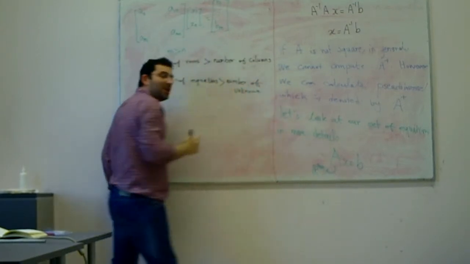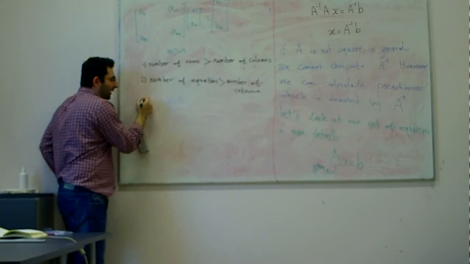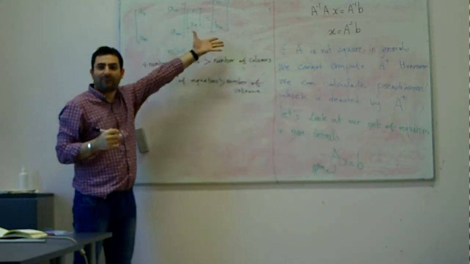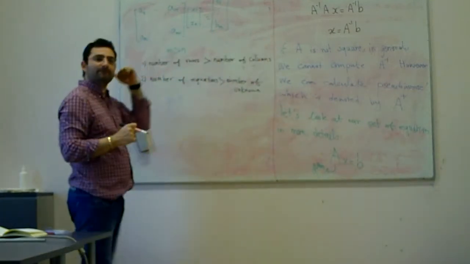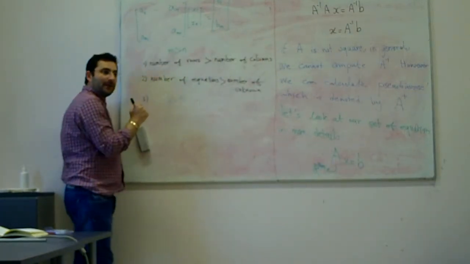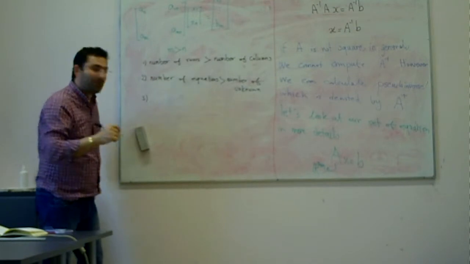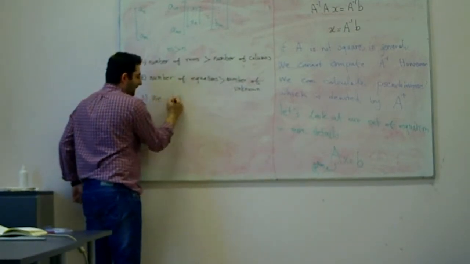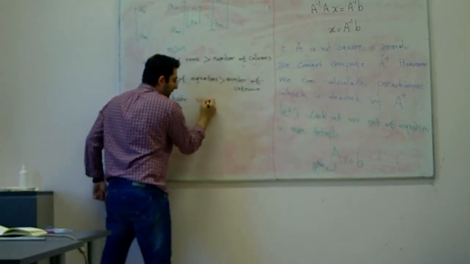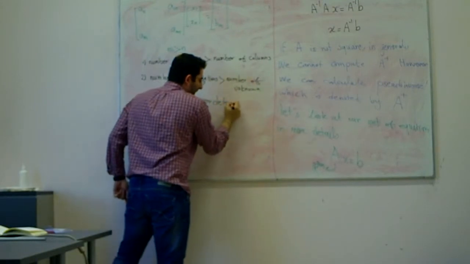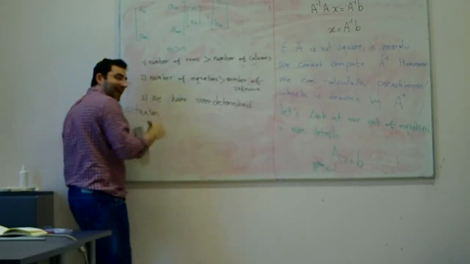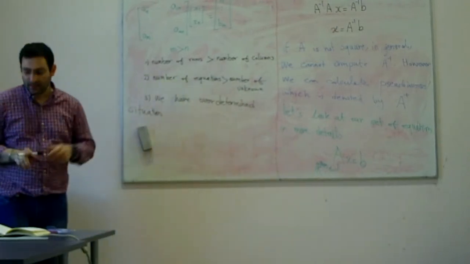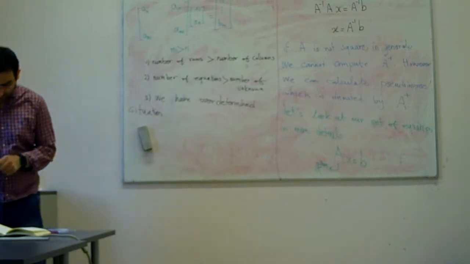If this is the situation, we call this type of equation, as I told you today in the MATLAB course, overdetermined. We have an overdetermined situation. Now we will talk about it in detail, what we mean by overdetermined and how we can solve it.